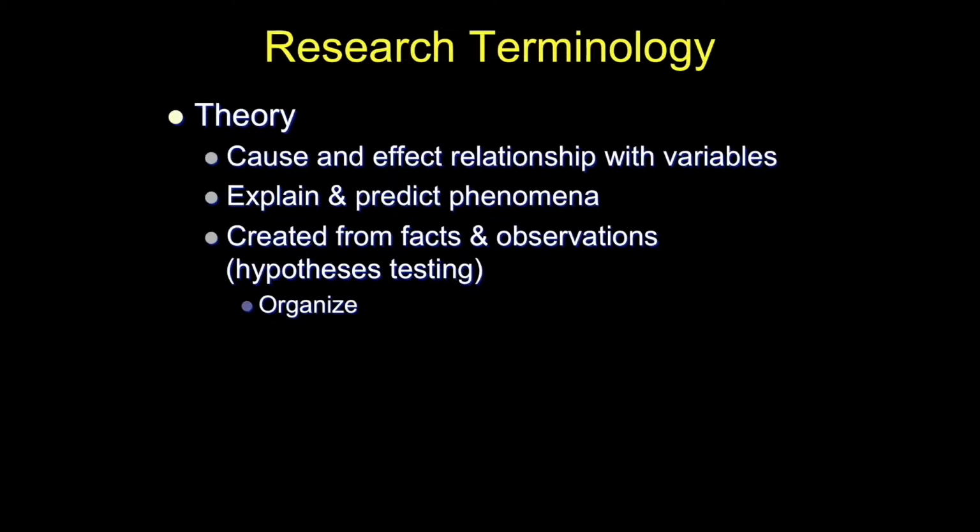So you do a lot of hypothesis testing and then come up with all the pieces of the puzzle, put it together, and you create what's known as a theory. So you're trying to organize all of the data that's been published in a particular area.